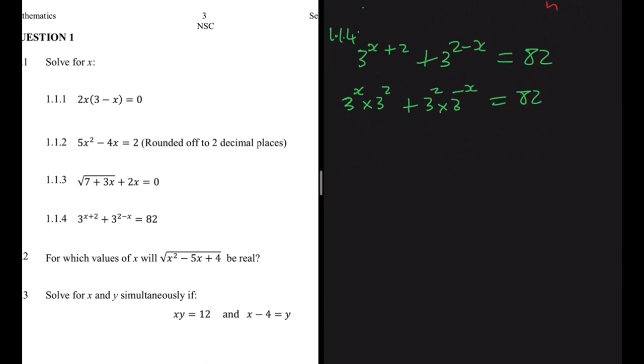So this is the same as 9 multiplied by 3 to the x, plus 9 divided by 3 to the power x. Why are we saying divided by 3 to the power x? Because a to the minus 1 is equal to 1 divided by a. So 3 to the minus x will be equal to 1 divided by 3 to the x.